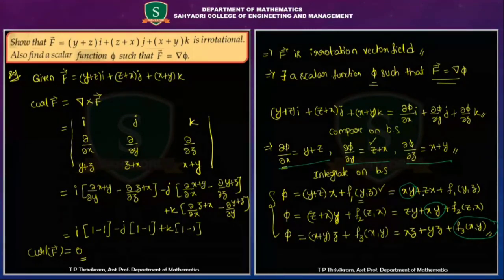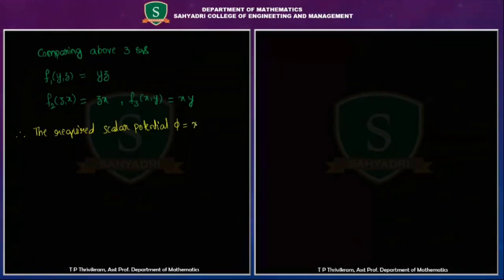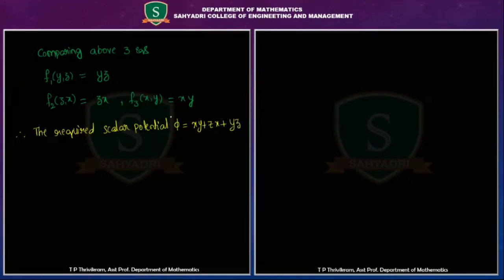I am writing the first equation: xy plus zx plus f1 of yz. The value of f1 of yz is yz. So this is the function which we were going to find.